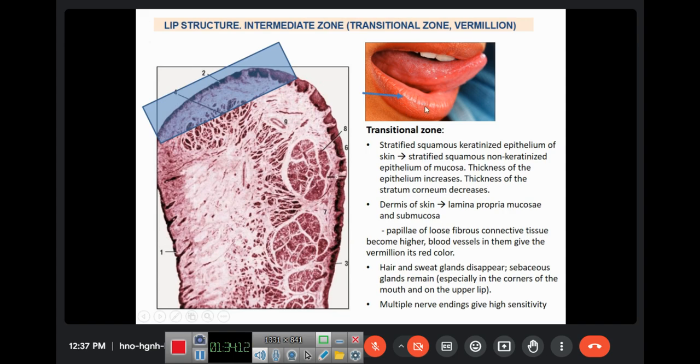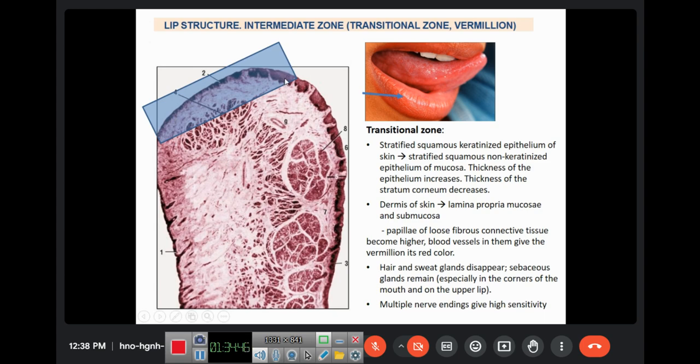Next, transitional zone or vermilion or intermediate zone. It is the intermediate zone between the skin and mucous zone. So here in this transitional zone, the stratified squamous keratinized epithelium of skin turns into stratified squamous non-keratinized epithelium of the mucosa part. In this epithelium, if we look at this picture, the thickness of epithelium increases.